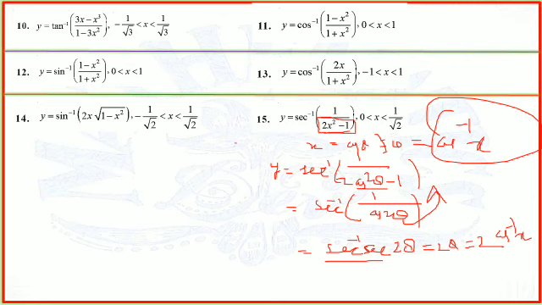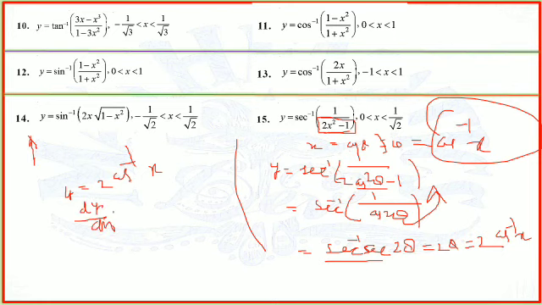Now since y is equal to 2 cos inverse x, therefore differentiating both sides with respect to x, we get dy upon dx on the left hand side, and on the right hand side 2 into the differentiation of cos inverse x, which is minus 1 upon under root 1 minus x square.